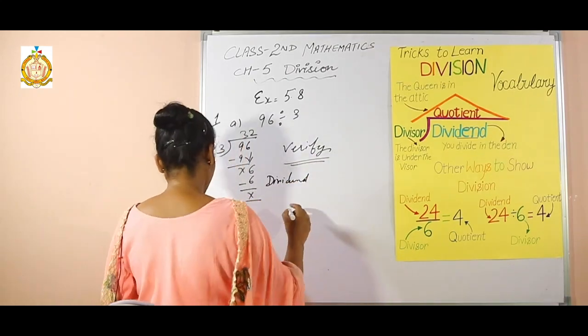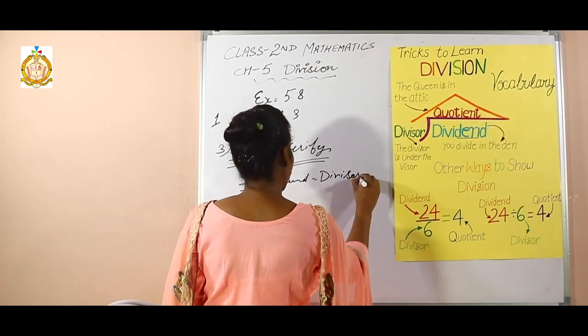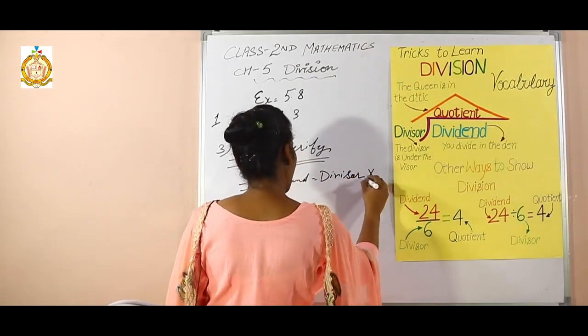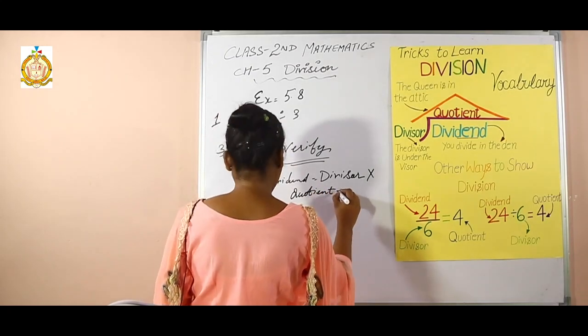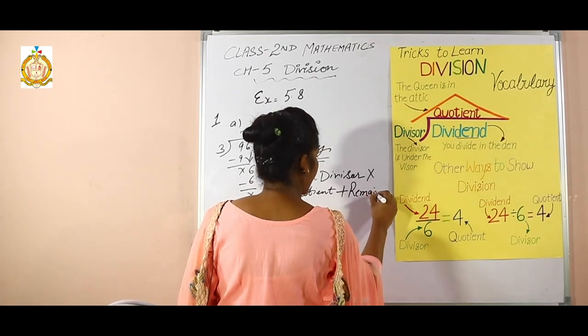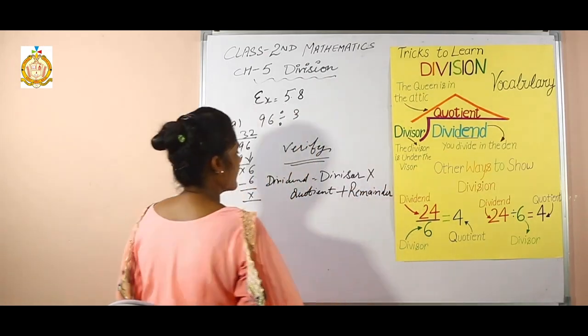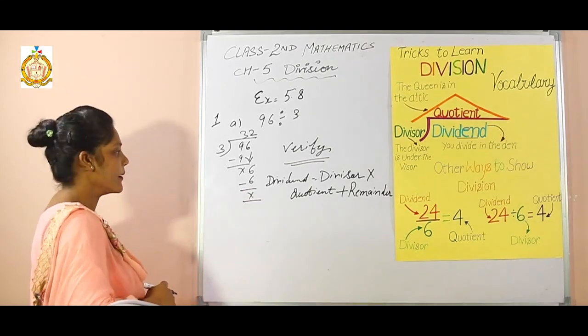Dividend equals divisor multiplied by quotient, then plus remainder. Clear students? So this is the formula for verification of the sum.